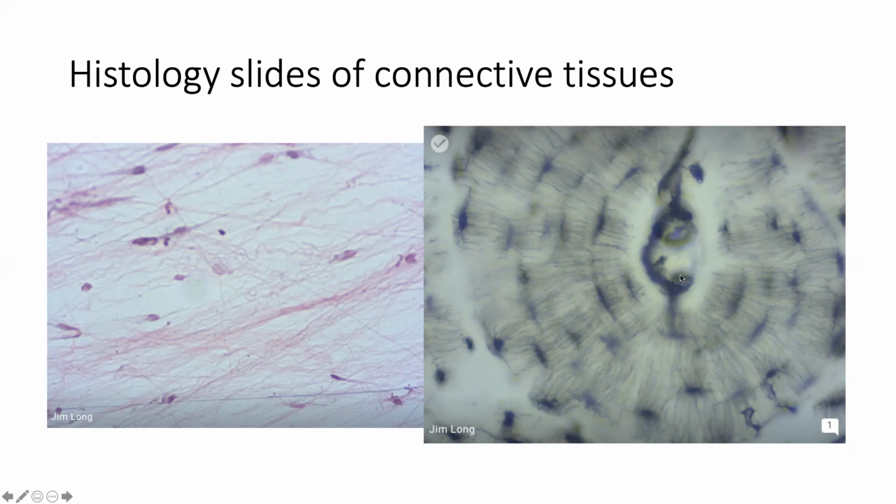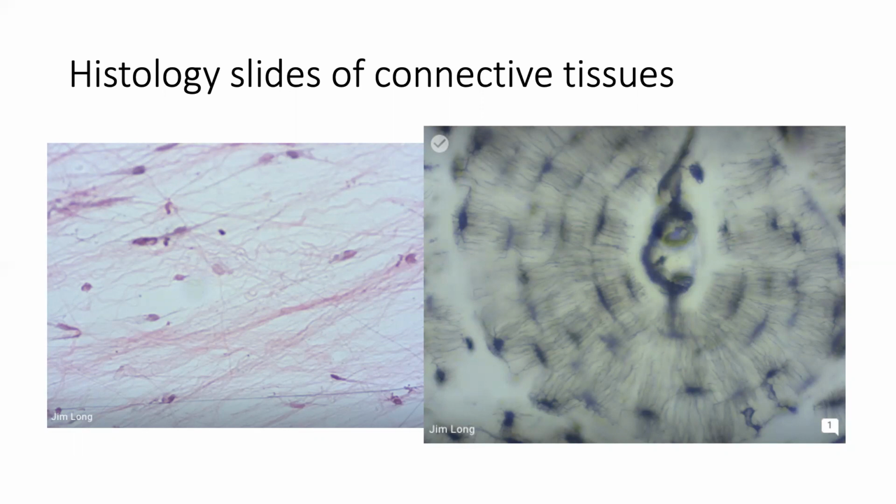This is typical of bone histology tissue, and this is the structural unit of compact bone, which is called osteon.